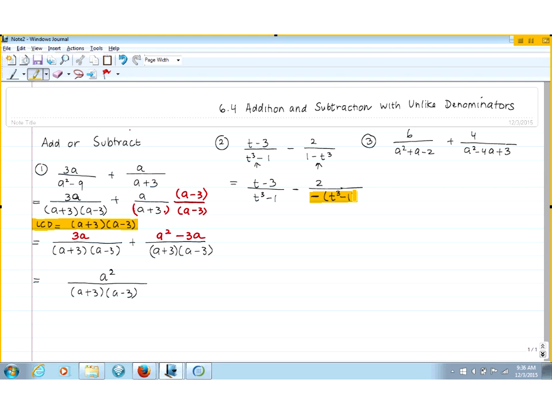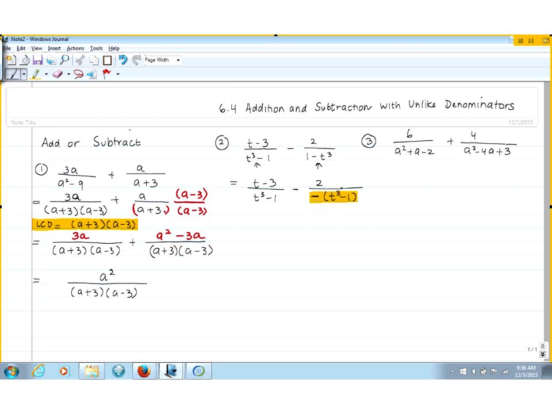Then you don't have a common denominator, right? In order to have a common denominator, the denominators should be exactly the same, including the sign.